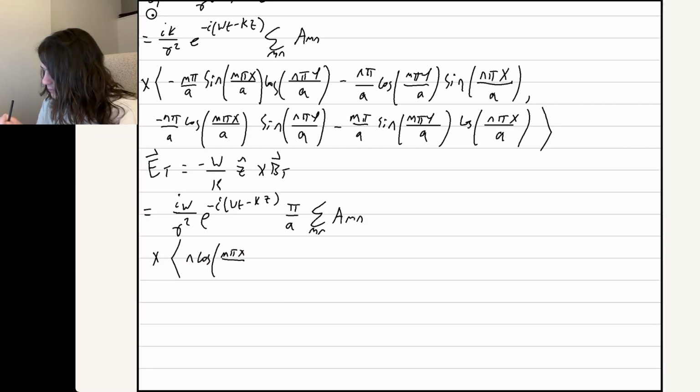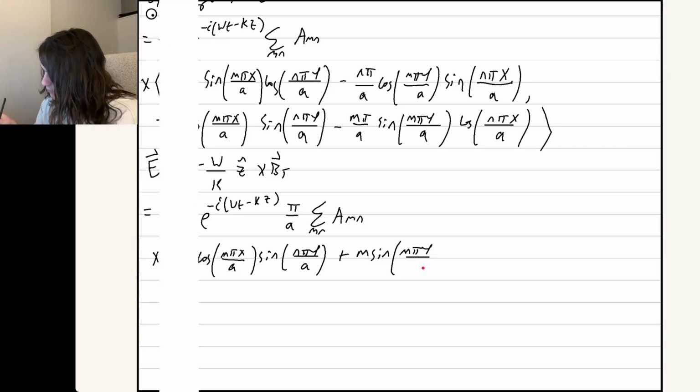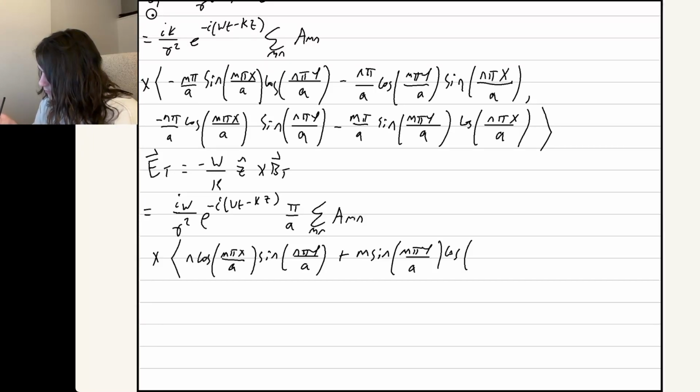sine n pi y over a, plus m sine m pi y over a, cosine n pi x over a. And you'll have the minus x component replace the y component.